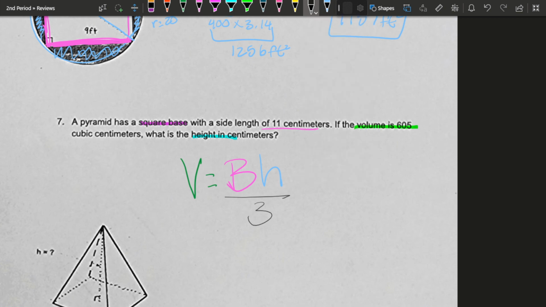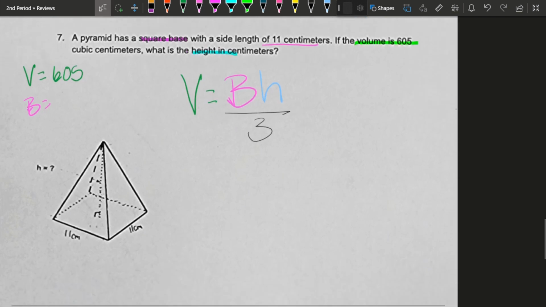First, let's go ahead and write down what we know. Do we know the volume? What is the volume? 605. Do we know the area of the base? No, but can we find it? This is my base right here. And what shape is the base? The square.